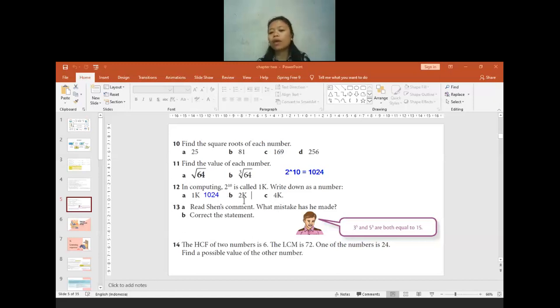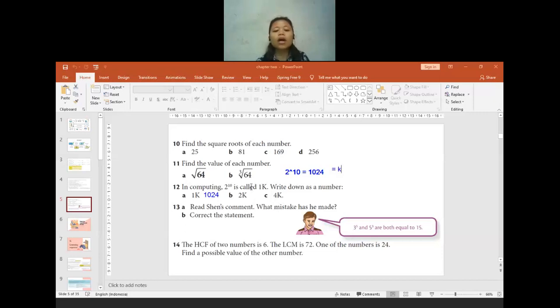Now if I have 2k, it will be 2 times 1024. If for example later you have 3k, it will be 3 times 1024, because the k we can replace with 1024.